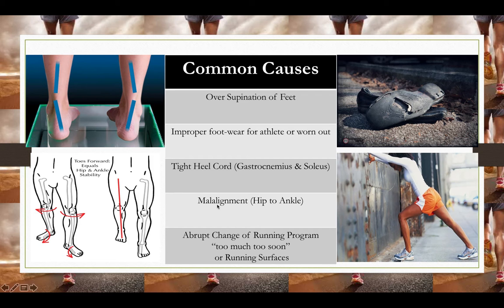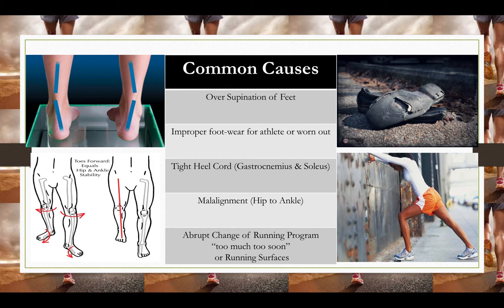We also see problems with malalignment, so hip to ankle, basically a joint by joint approach. So if we have problems at the shin, what's causing it is usually the muscles right above or below.